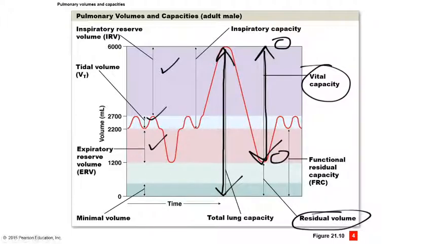Now, a person my height would have more than 6 liters, and a person who's only 5 foot tall would have a smaller lung capacity. So this will be based upon height, and men typically have larger lungs than women. So again, when we look in the lab, we'll see height, and we'll look at sex, and we'll also finally look at age, because with age, the compliance, the ability of the lungs to stretch, does decrease.